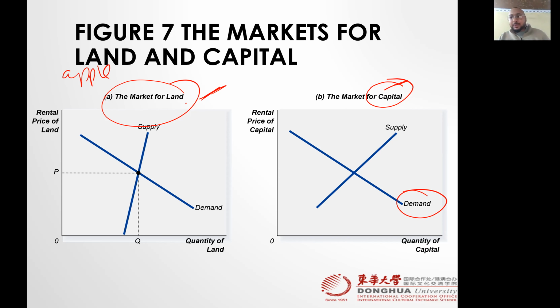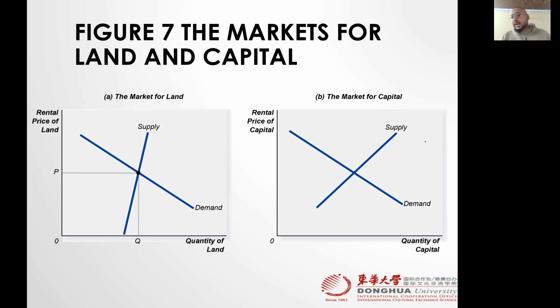So did you see something here? The capital supply is like a linear function, but here the supply curve for land is more like vertical. Why? Because the supply of land is limited. You cannot just increase the supply of land.